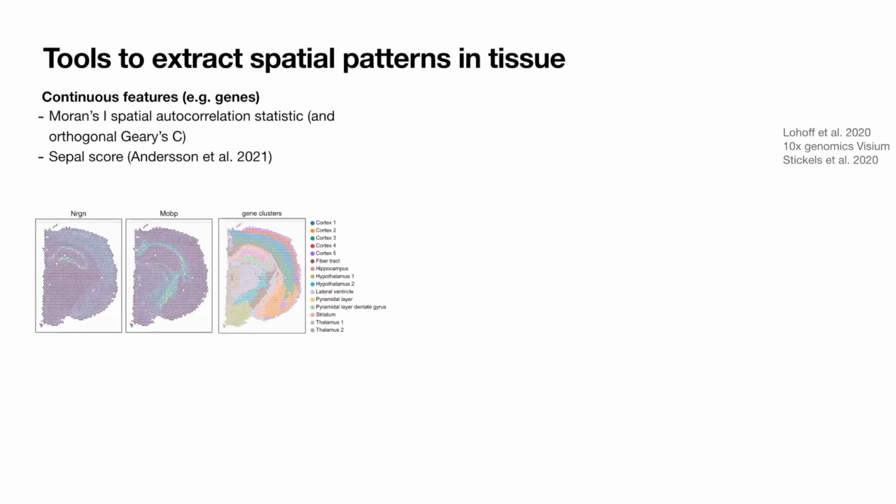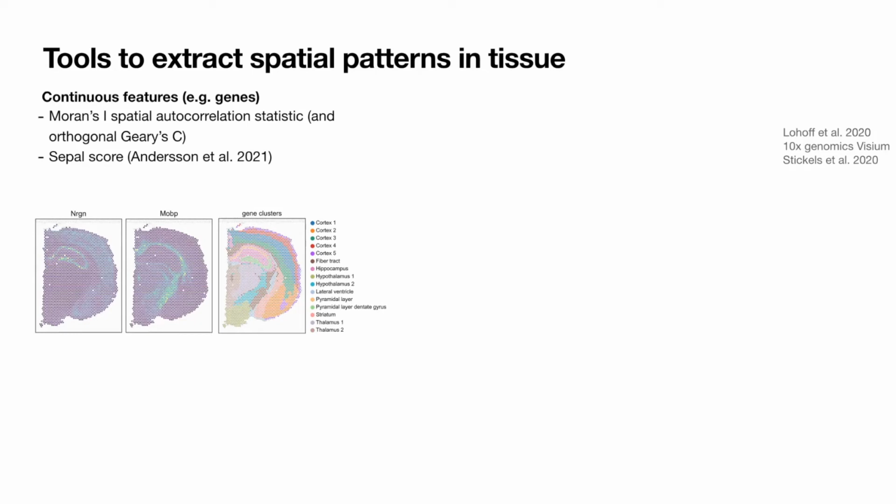Right. So within Squidpy, there is a couple of different tools that we provide to extract spatial patterns in the tissue. So on the one hand, there could be continuous features, like, for example, spatially variable genes. Spatially variable genes are essentially genes that are varying across the space. And there is a couple of simpler tools to calculate it.